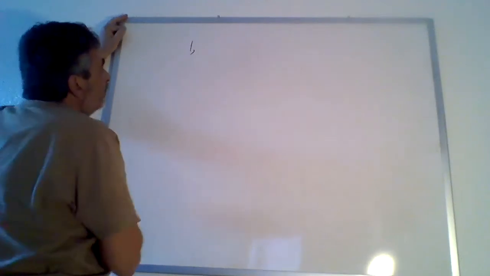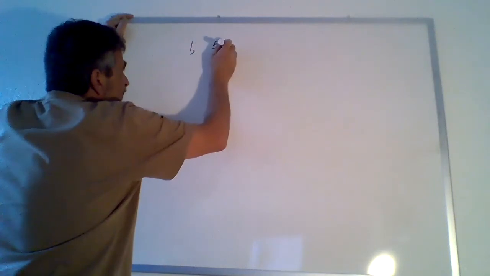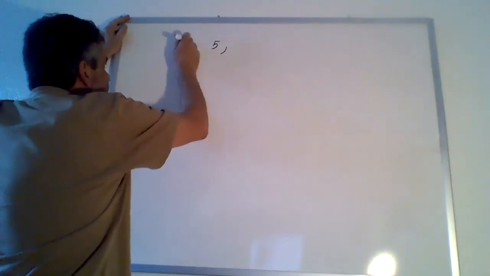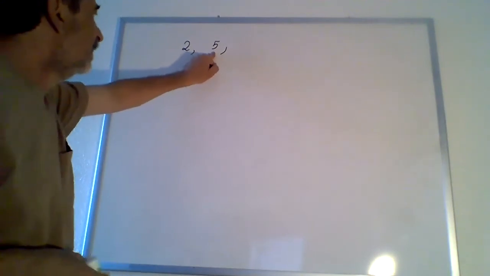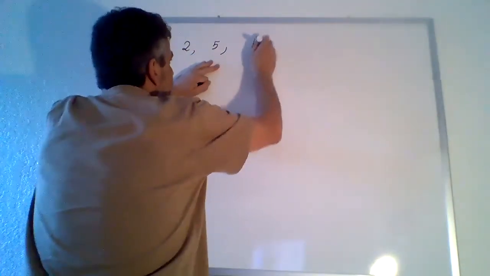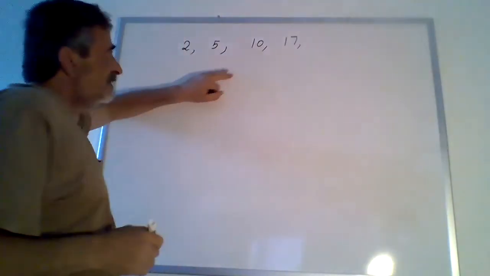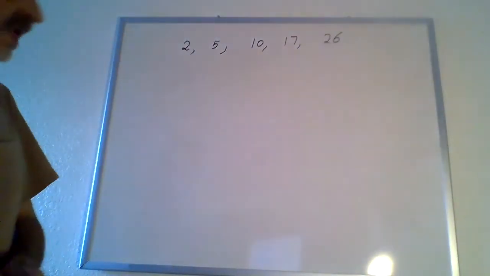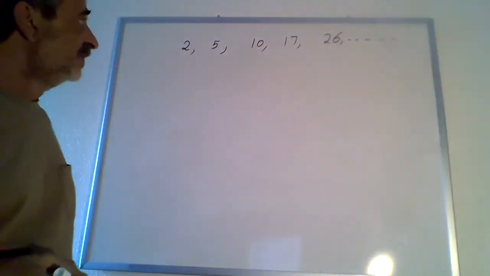The first number is, let's make that a 2, I'm sorry. So this is 2, and then we have 5, then 10, and let's say 17, and let's say 26. Let's say this is the sequence that we have, and we need to figure out the nth term of this particular sequence.